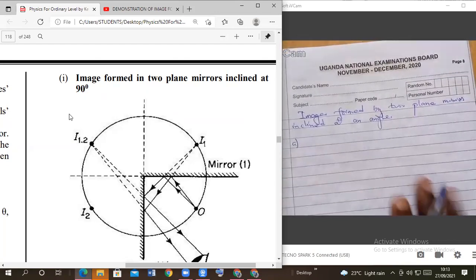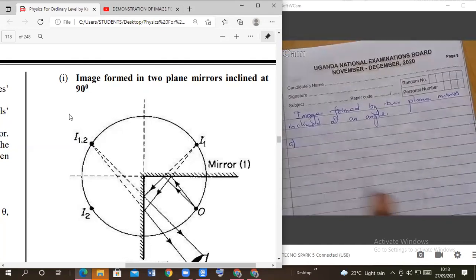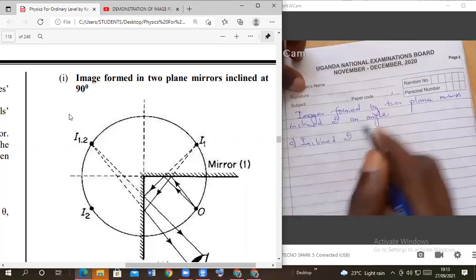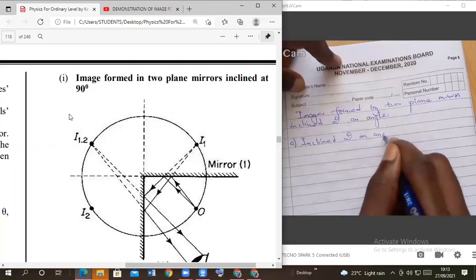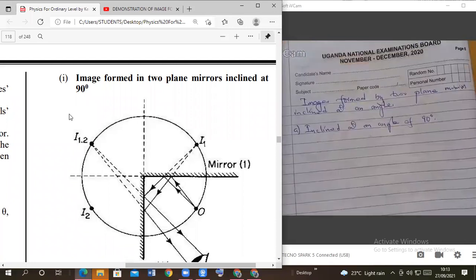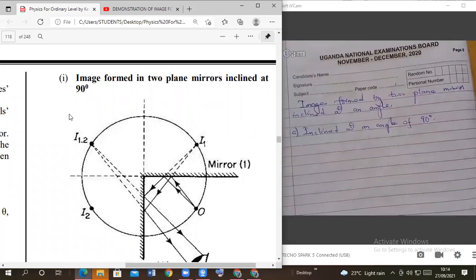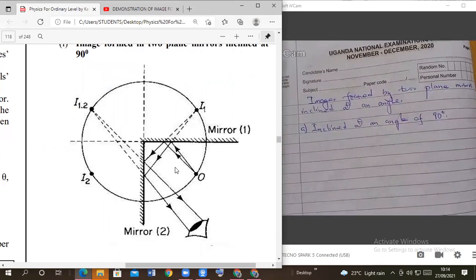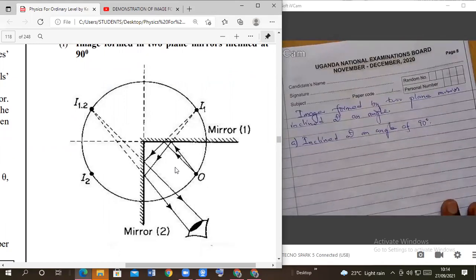Then part A, let's see when they're inclined at an angle of 90 degrees. So members, can we draw that? To make us draw a good ray diagram, pick your compass.